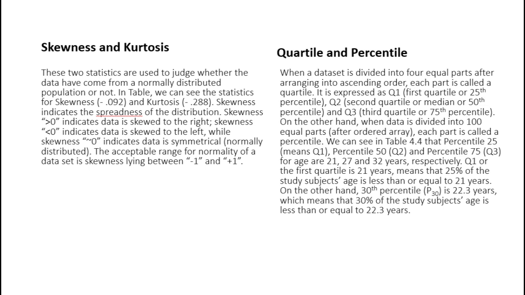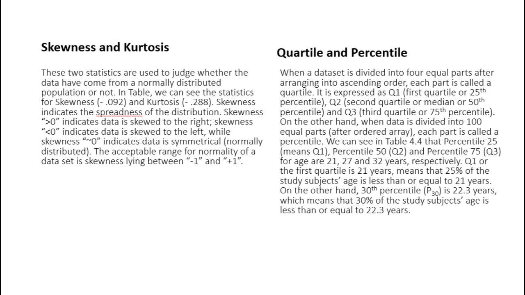Positive skewness indicates data is skewed to the right. Negative skewness indicates data is skewed to the left, while skewness of 0 indicates data is symmetrical, normally distributed. The acceptable range for normality of a data set is skewness lying between -1 and +1.